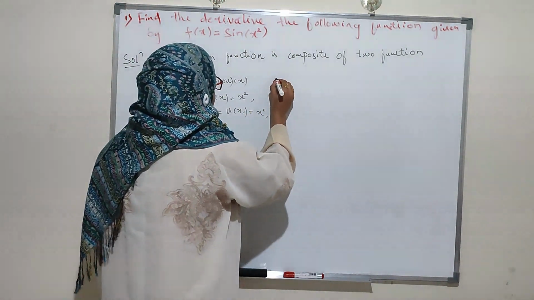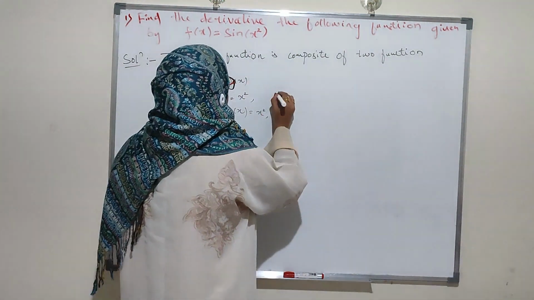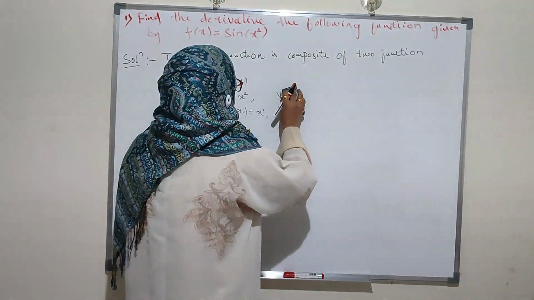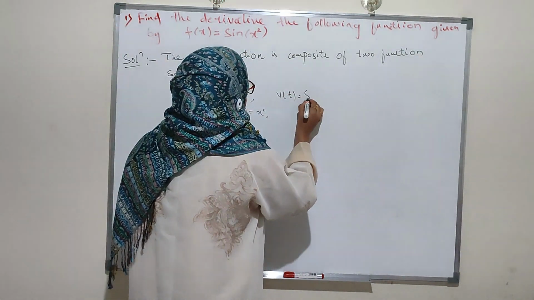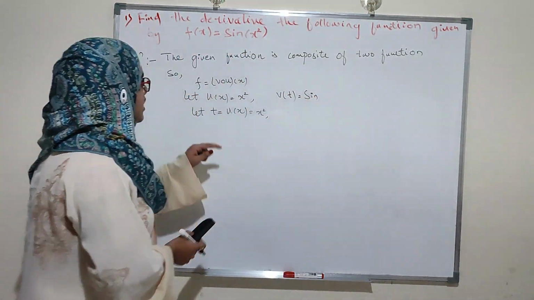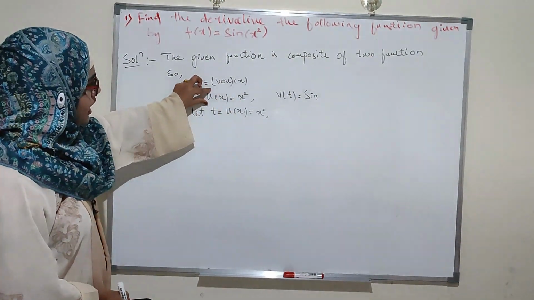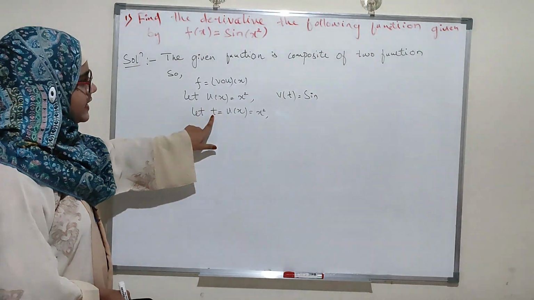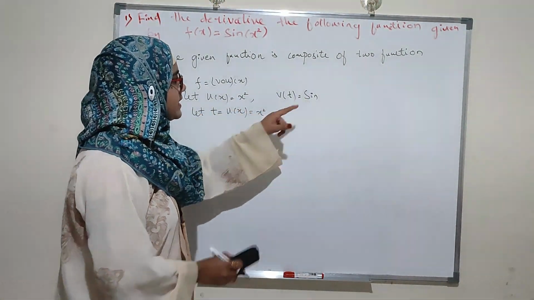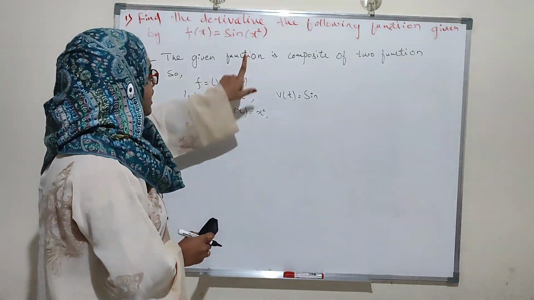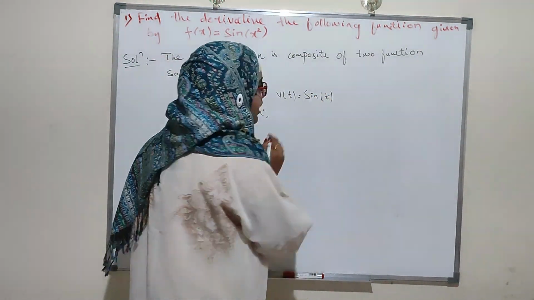Similarly, v is equal to v of t, v of t equal to sine of u of x. We are taking u of x as x square. Further, we are taking u of x as t. And v of t we are taking as sine, since we have taken x square as t. That's why we take v as sine of t.